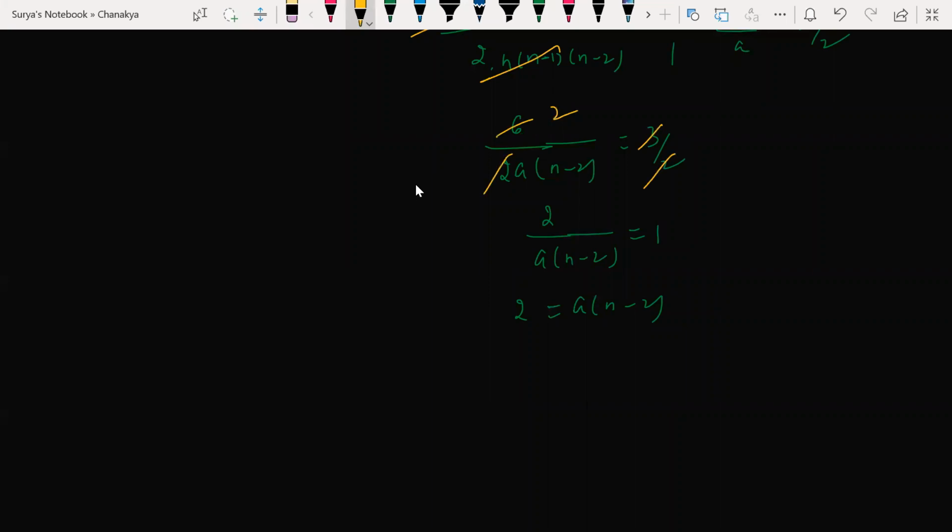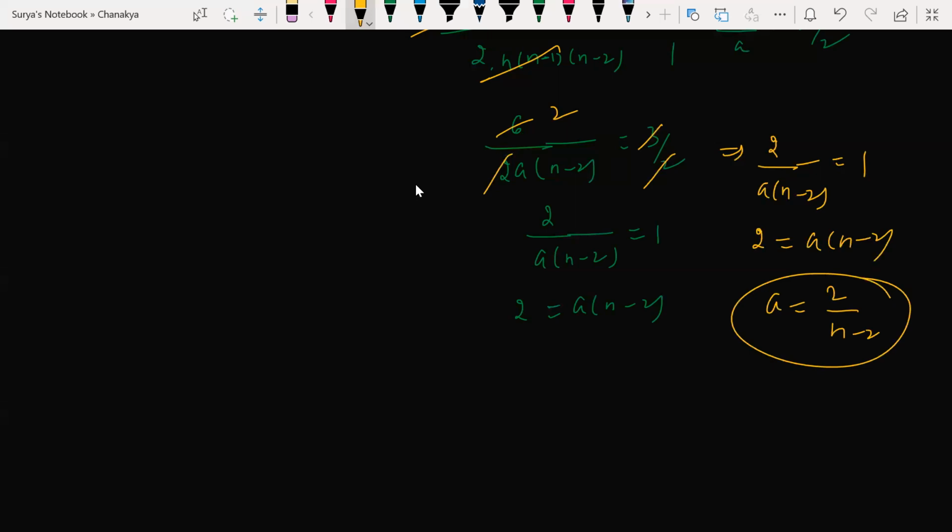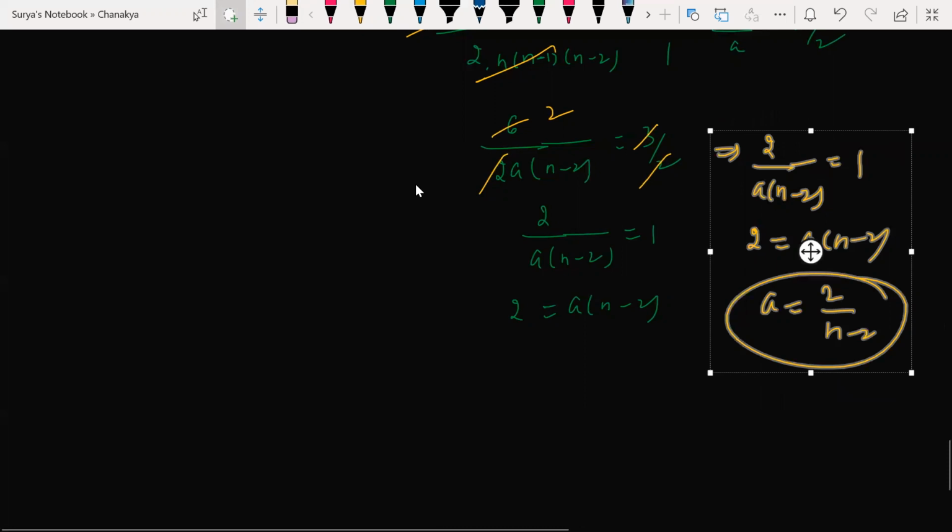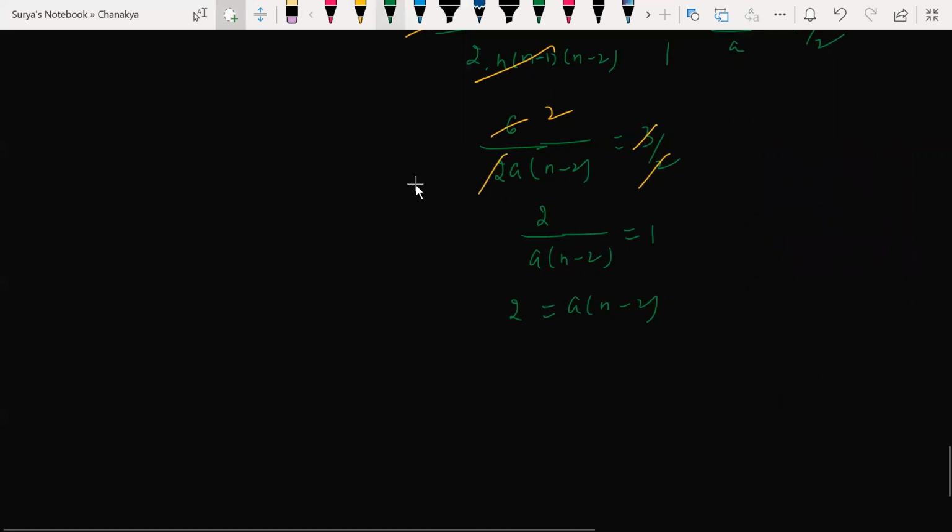This will be getting cancelled. 2 by a into n minus 2 is equal to 1. So a is equal to 2 by n minus 2, I got. Correct only. Yes. This is what I got. What is the a value? The a value is 2 by n minus 2. Correct.